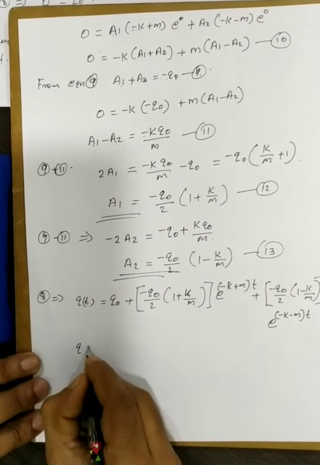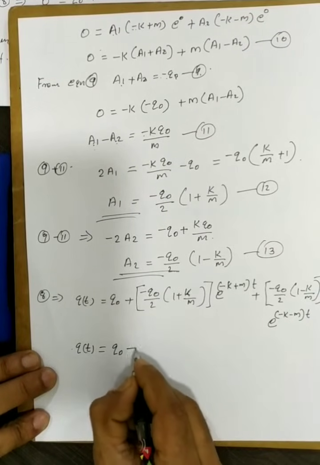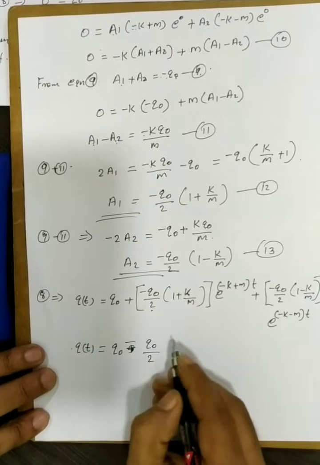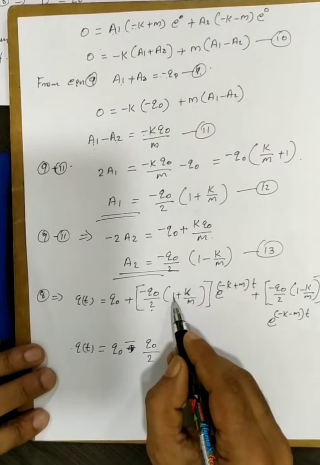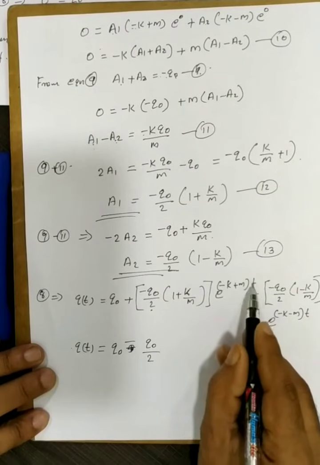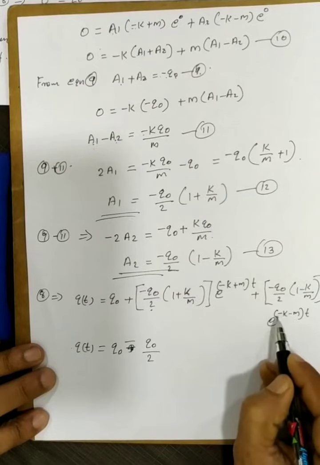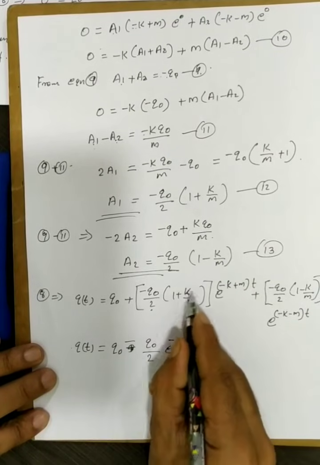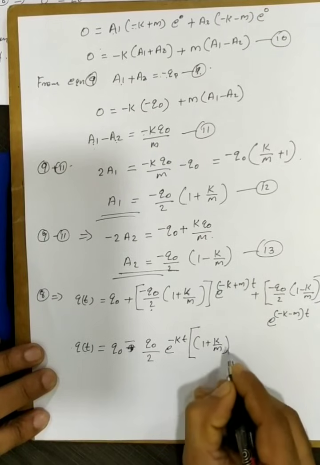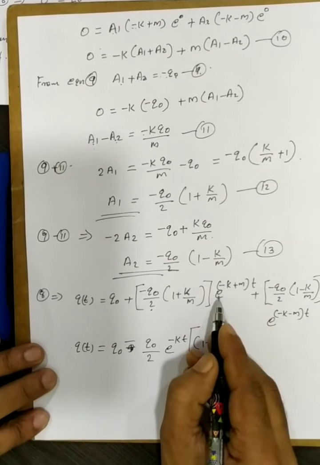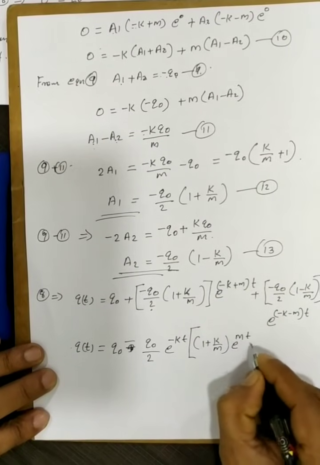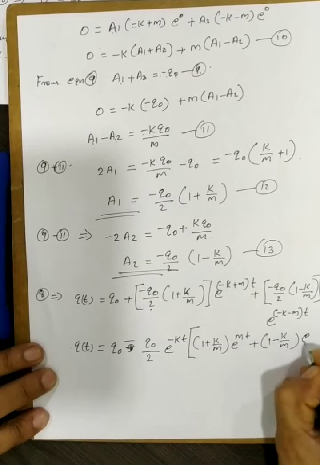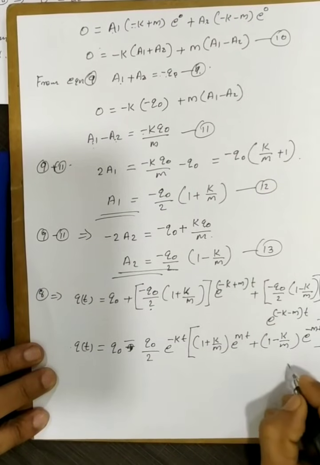Now this can be written as q of t is equal to Q0 plus minus Q0 by 2, which is common for both terms, times e raised to minus kt, which can be taken outside, times (1 plus k by m) e raised to minus mt, plus the second term (1 minus k by m) e raised to mt. So this is equation 14.